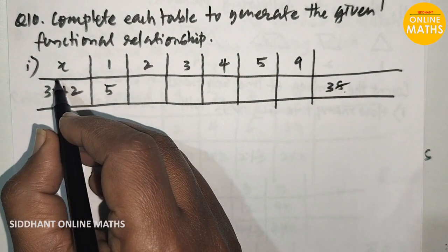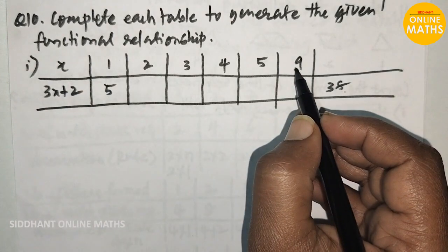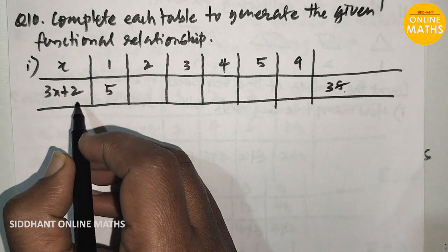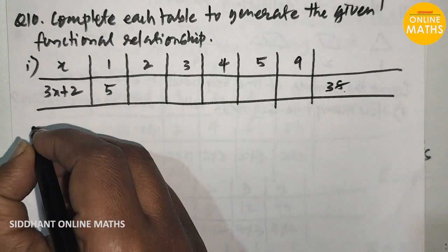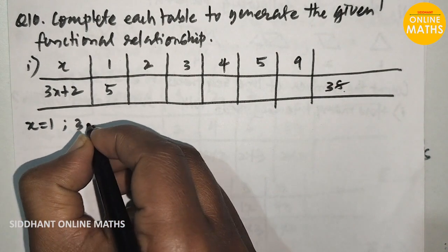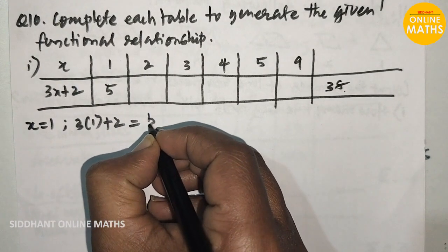Question number 10. Complete each table to generate the given functional relationship. So here in the first question, x is 1, 2, 3, 4, 5, 9, and the pattern is 3x plus 2. So in the first one we got 5 here. If x is equal to 1, then 3 into 1 plus 2, that will be 5.